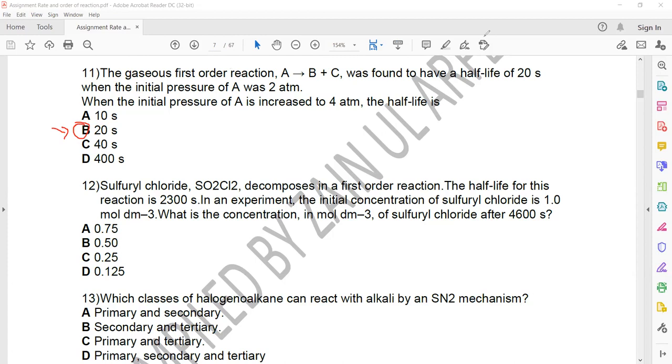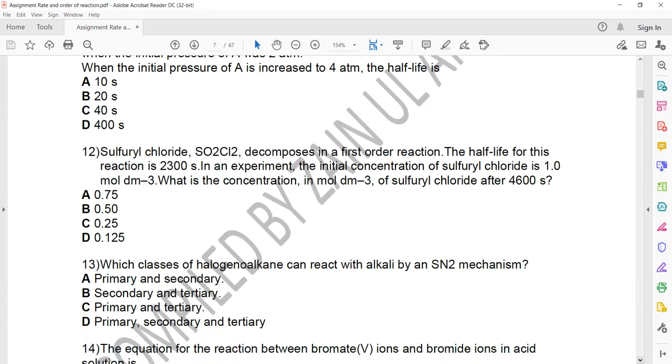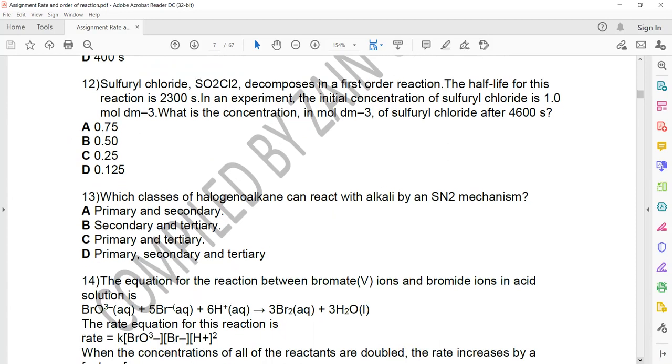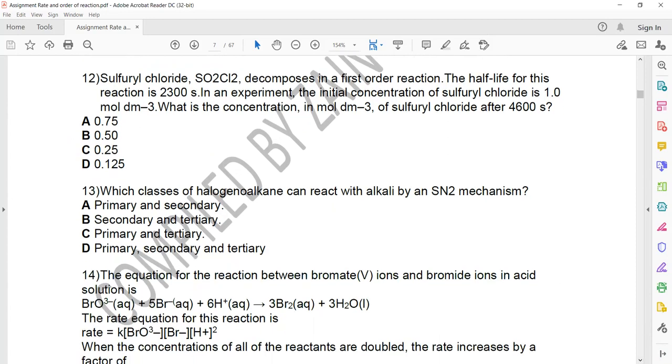Question 12. Sulfuryl chloride, SO2Cl2, decomposes by first order. The half-life is 2300 seconds in an experiment with initial concentration of 1 mole per dm cube. What is the concentration after 4600 seconds?